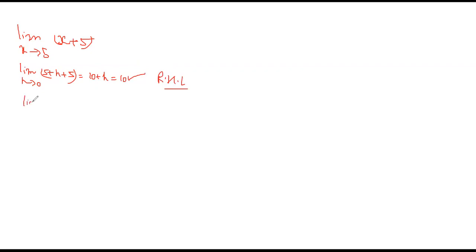Again, limit h tends to 0, 5 minus h plus 5 is equal to 10 minus h, which is equal to 10. This is LHL. So LHL is equal to RHL, so its value is 10.